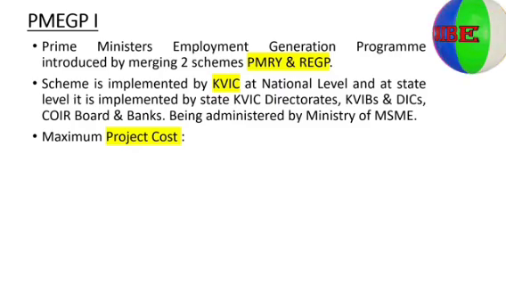Maximum project cost. Again, can you comment, because this is the scheme which most of you will be knowing. What is the maximum project cost under this scheme? There are two criteria: manufacturing is different and service is different. What will be the maximum project cost for service, and for manufacturing? I am waiting for your comments so that it can be a little bit interactive class.